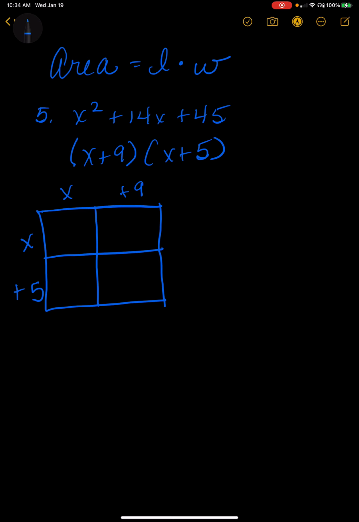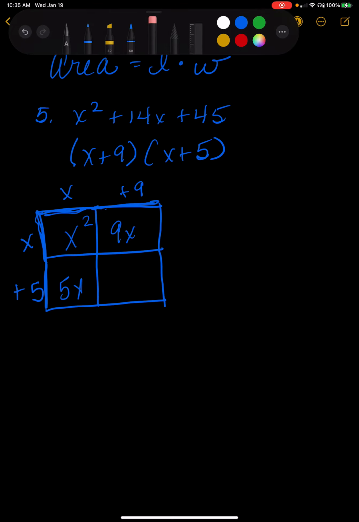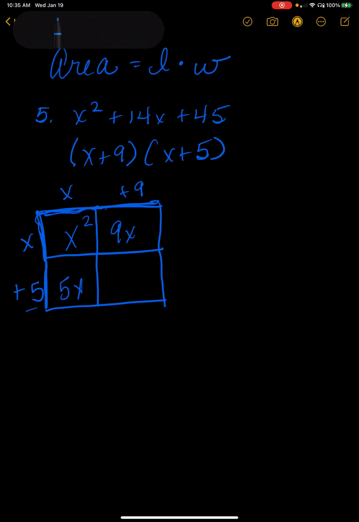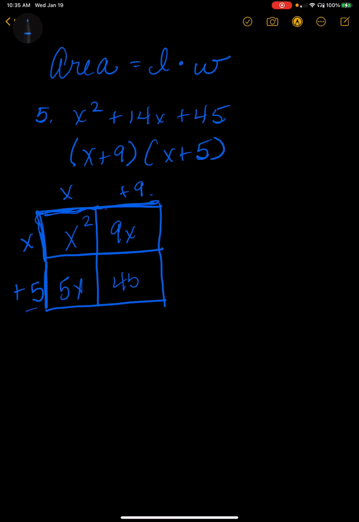And then multiply. So we're going to look for the area of this first square by multiplying x times x. X to the first power times x to the first power is x squared. X times 9 is 9x. X times 5 is 5x. And then 5 times 9 is 45.